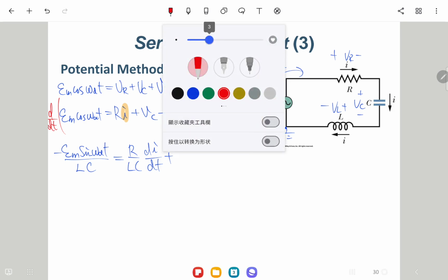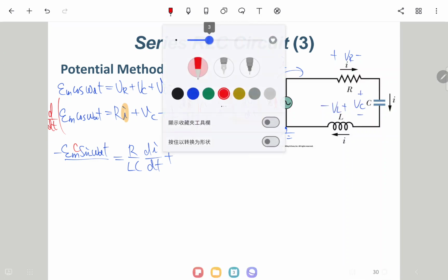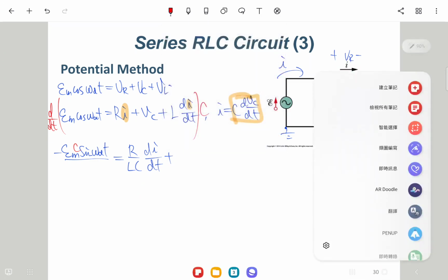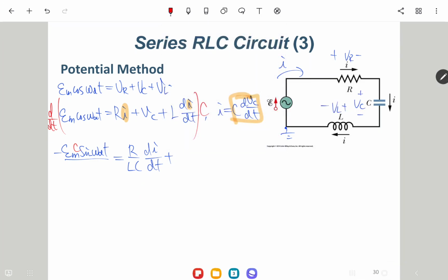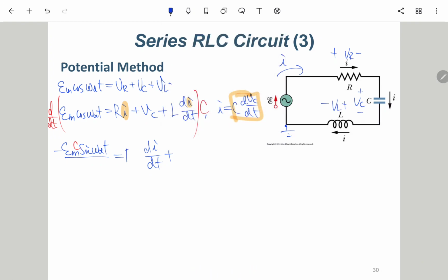We try to multiply it by C. So it becomes C here, and here becomes R times C, and then here we have C dVC dt, and then plus this becomes LC d2I dt2.